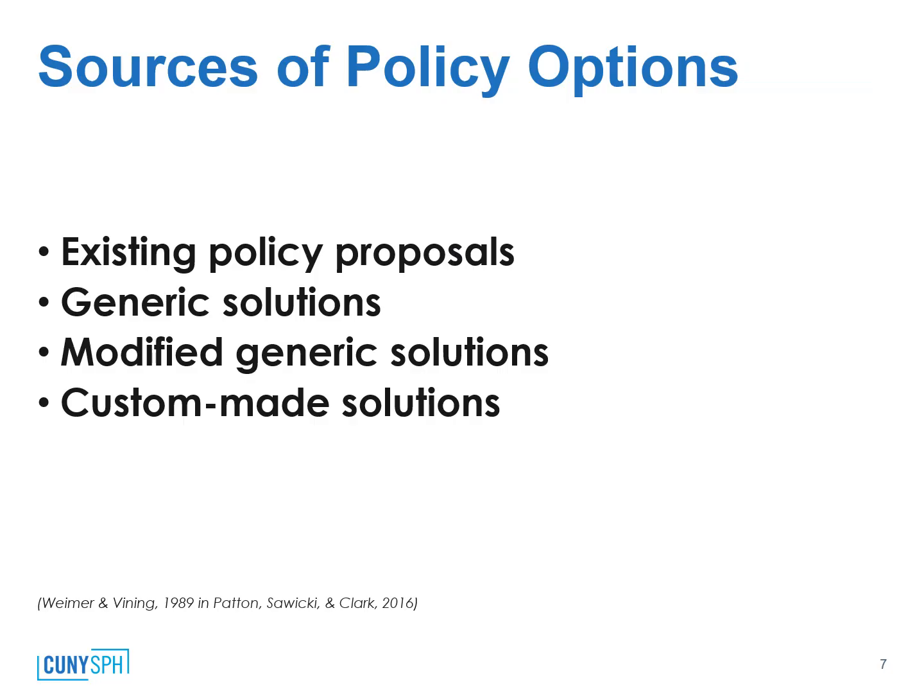Weimer and Vining, as cited by Patton, Sawicki, and Clark, provide a useful typology for sources of policy options, so let's go through each briefly. Under existing policy proposals, we have ideas already circulating in the policy environment, perhaps introduced in past legislation, in pilot programs, or advocacy platforms. Analysts can refine or adapt these rather than starting from scratch.